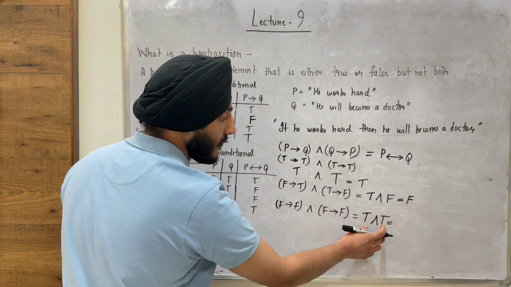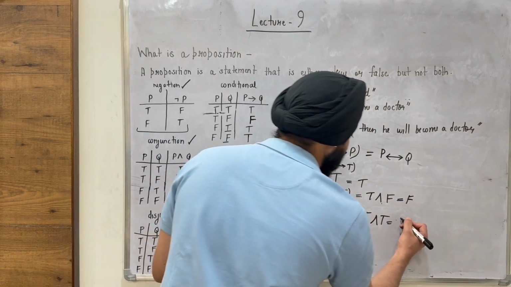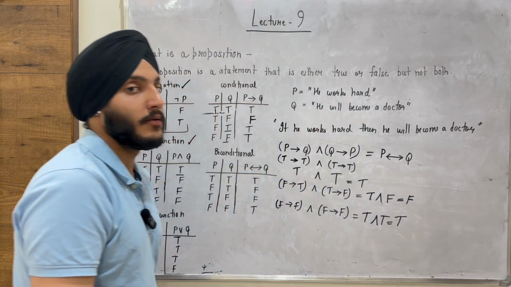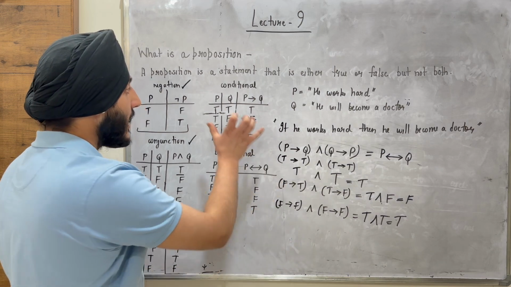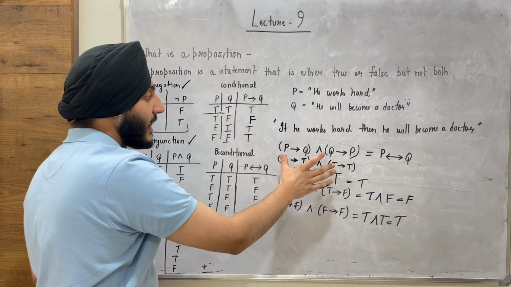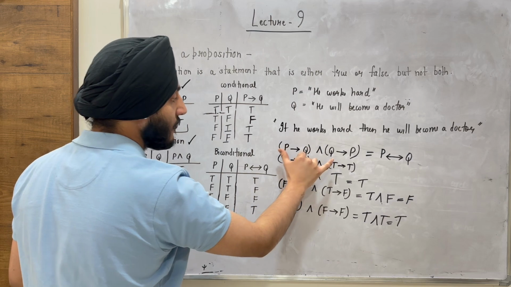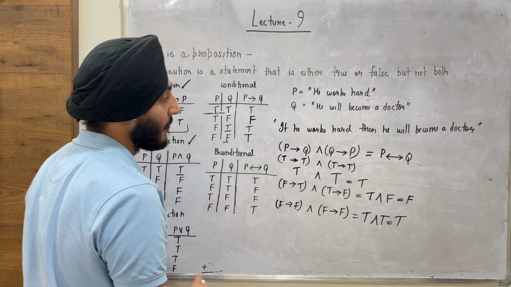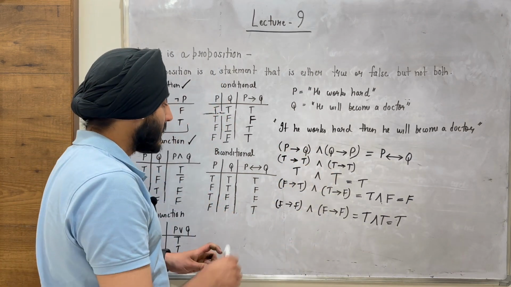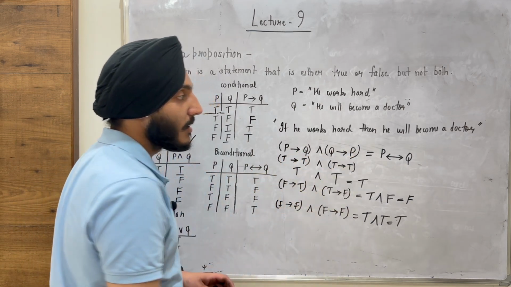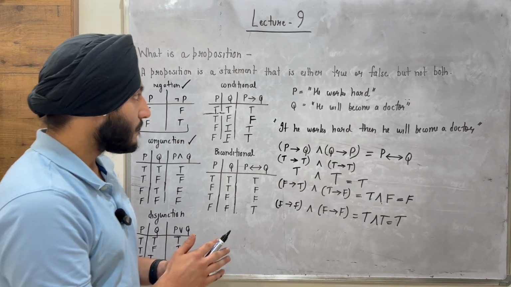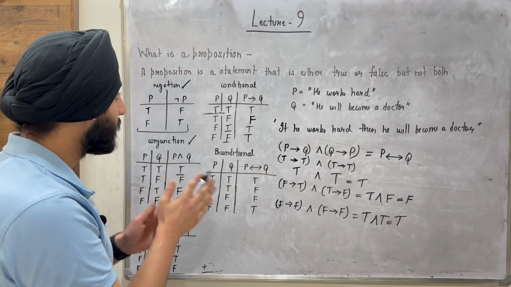And since both the conditions in the conjunction are true, this is going to result in a true value, right? So long story short, I used this conditional table and this equation to form the biconditional table. The basic point is that this is nothing but P then Q and Q then P combined into one, right? So I hope you were able to understand all these logics, right?